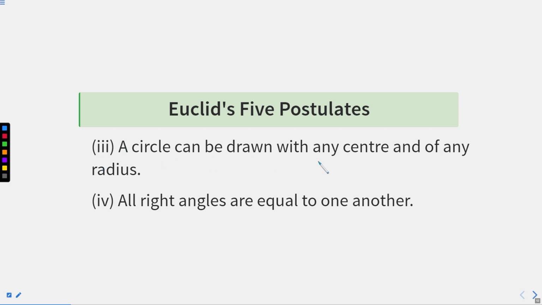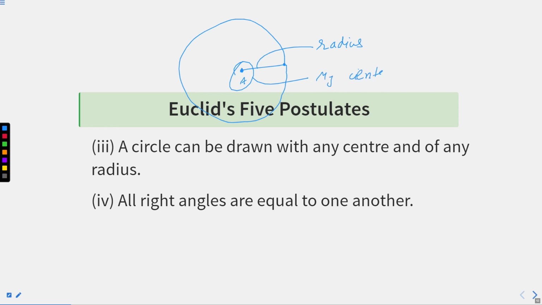A circle can be drawn with any center and any radius. Okay, a circle can be drawn with any center and of any radius. If I have a point, let's say this point A, then I can generate a line segment of whatever distance I want, and then create a circle with that distance, and this distance will be called the radius of the circle, and this will be my center.